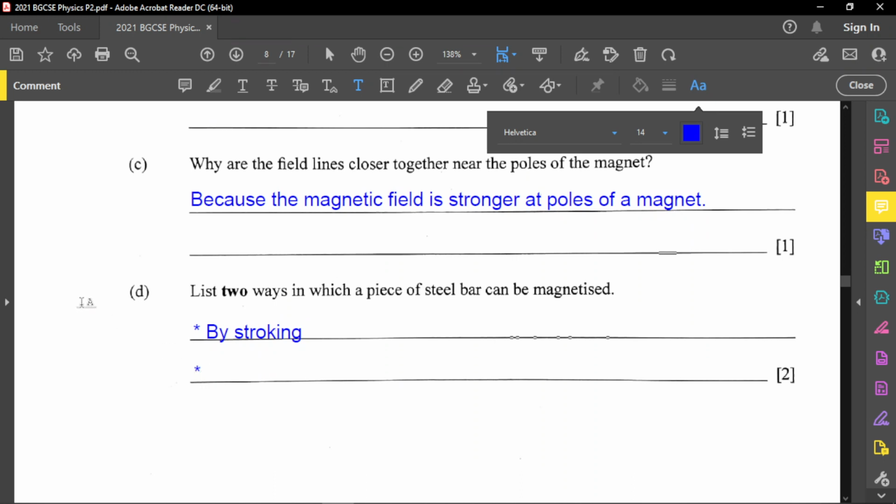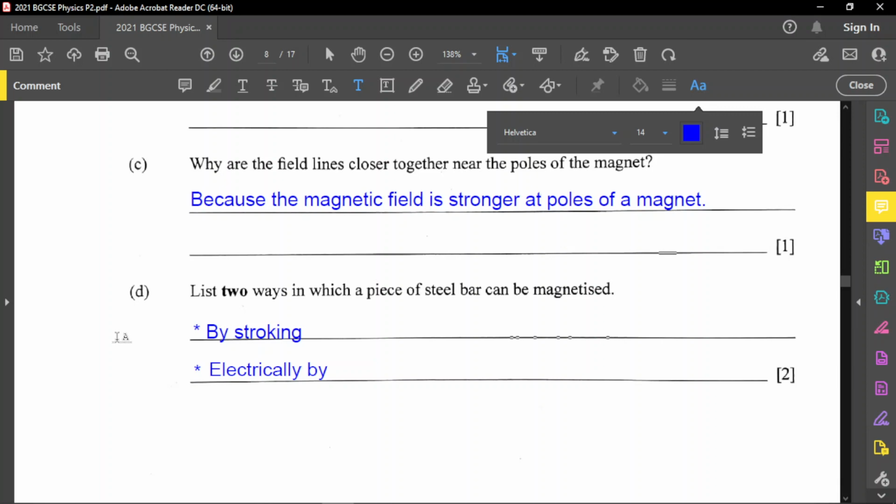The other possible way is electrically, which is also called making an electromagnet.